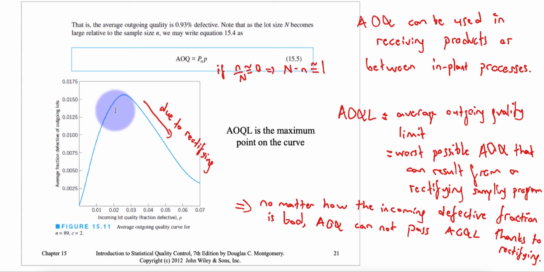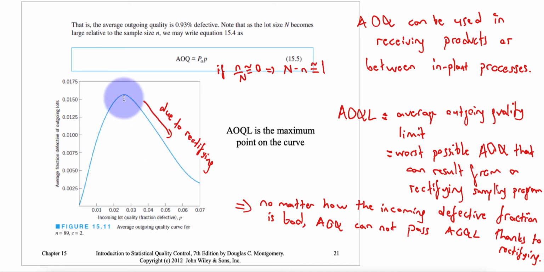Because we will accept some lots and we will reject some. But in these rejected lots, we rectify the lots, and they go back with 0 defects. But with the accepted lots, we already have some defective units. That's why up to some point it will continue to increase, but after some point it will decrease.